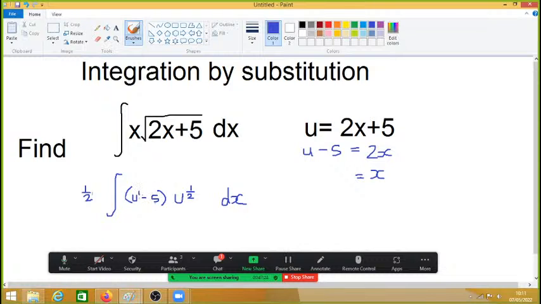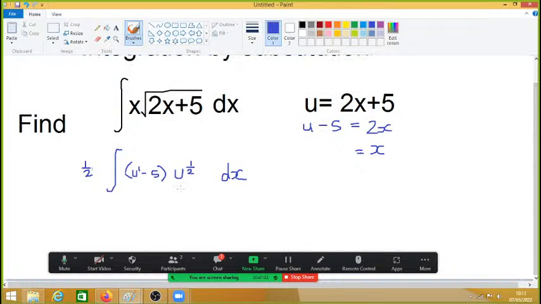So remember, u is really u to the power 1. So if I times that, that'll become 1 plus a half, which is 3 over 2. So let me write that on the next line. So just trying to make the inside as simple as possible to integrate. So I'm just going to times the u to the power 1 times u to the half.